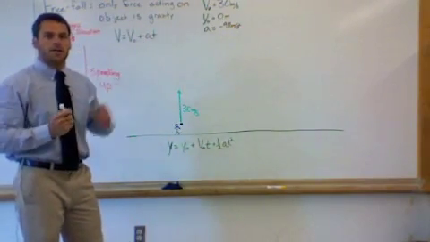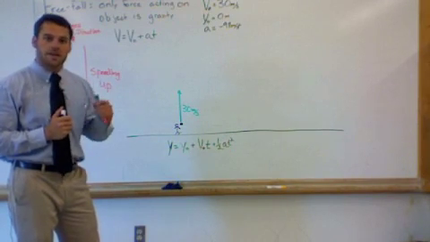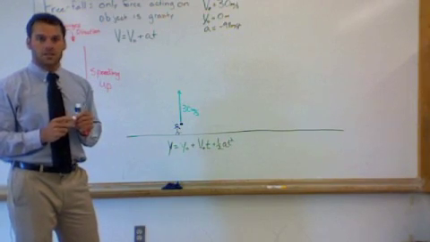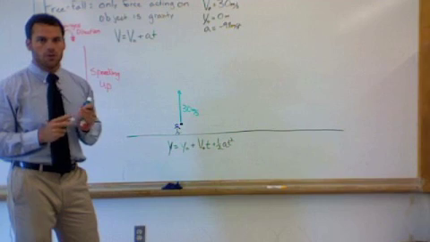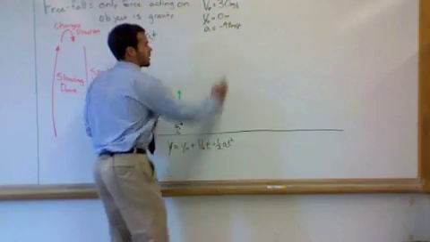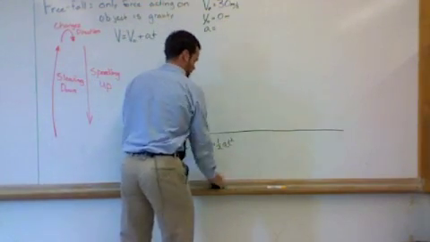Negative 9.8 meters per second squared because it's directed downward. For this demonstration, purely to make it a little bit simpler, I'm going to use 10. Just a little rounding, to make it a little bit easier.